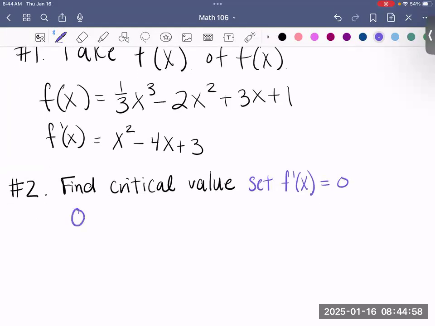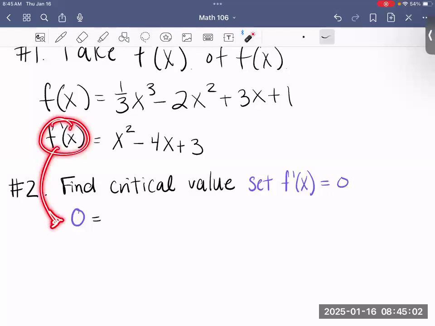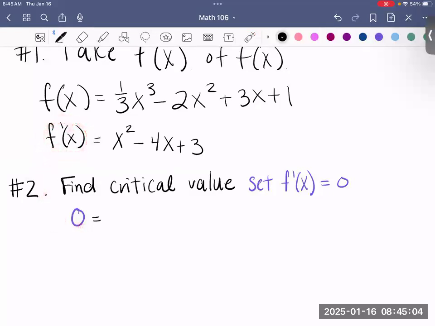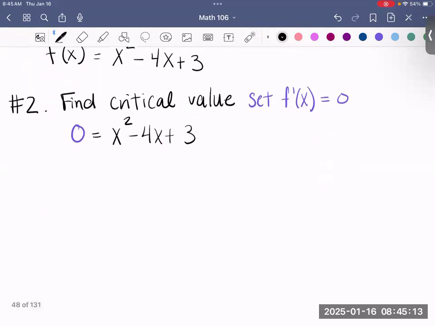So instead of having f prime of x, we're going to have 0 equal to x squared minus 4x plus 3. Now, have we seen something like this before? Well, absolutely. We have talked about solving. This is where your factoring and solving skills come into play. So let's see if you can pause the video and factor.